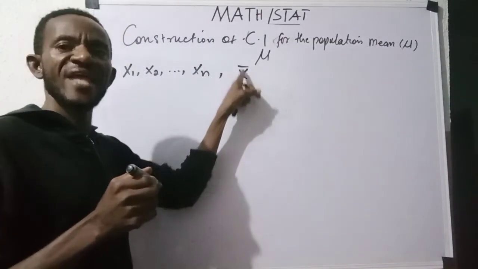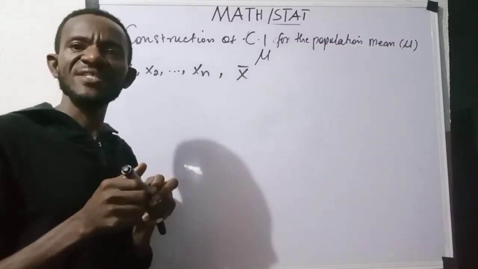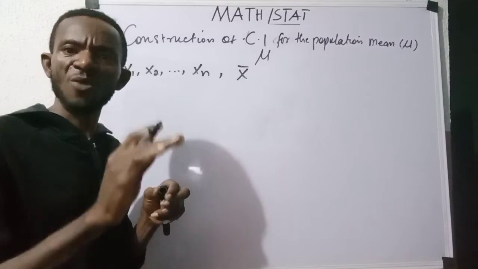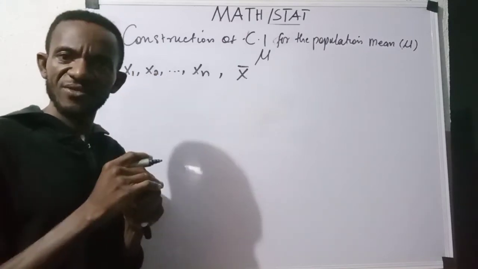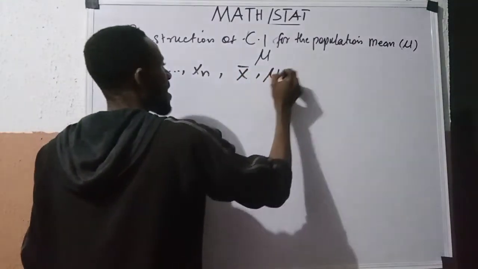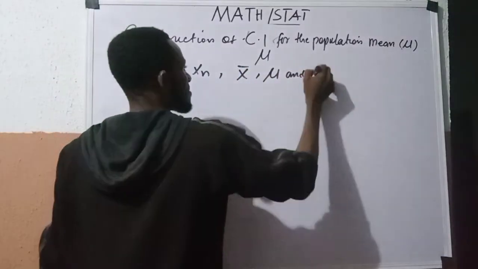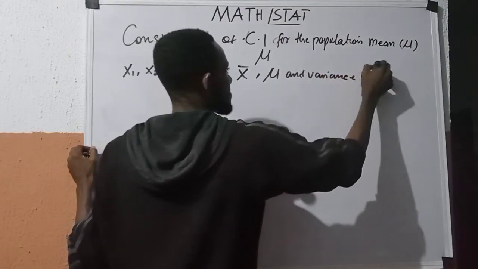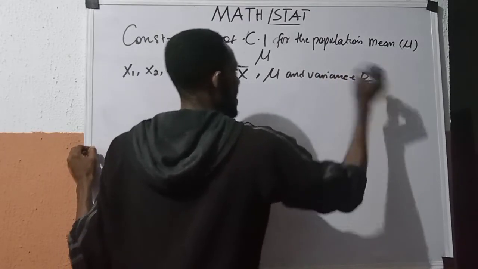And this sample mean X bar has a sampling distribution that is approximately normally distributed with mean mu and variance sigma squared over n.